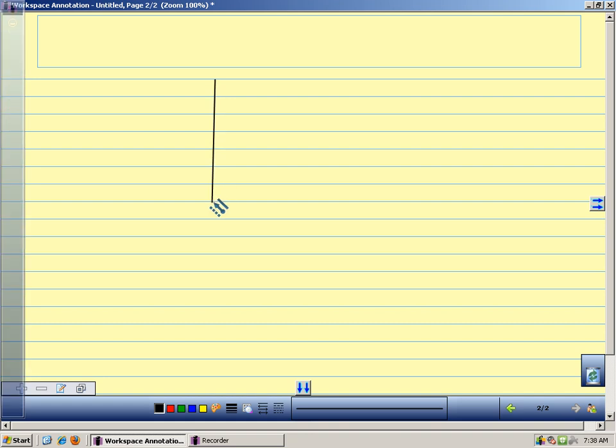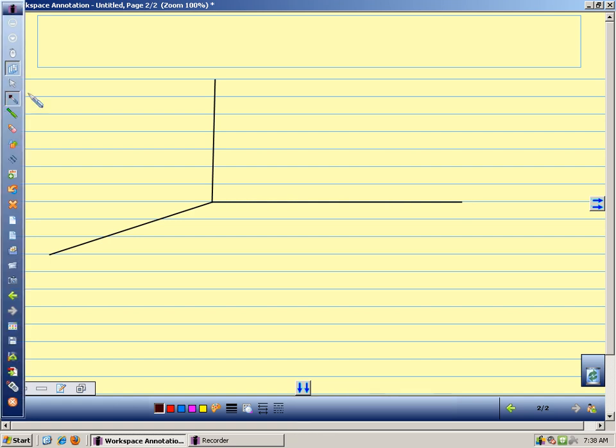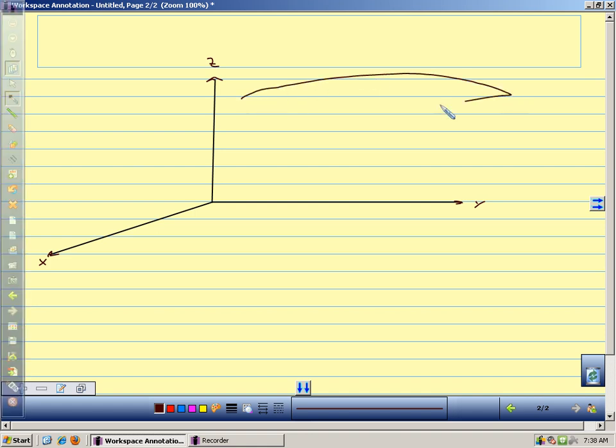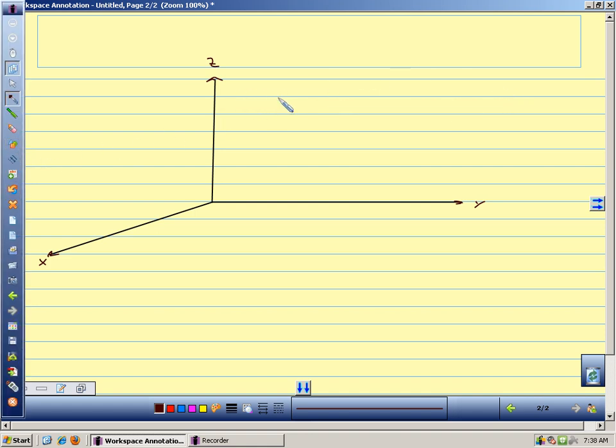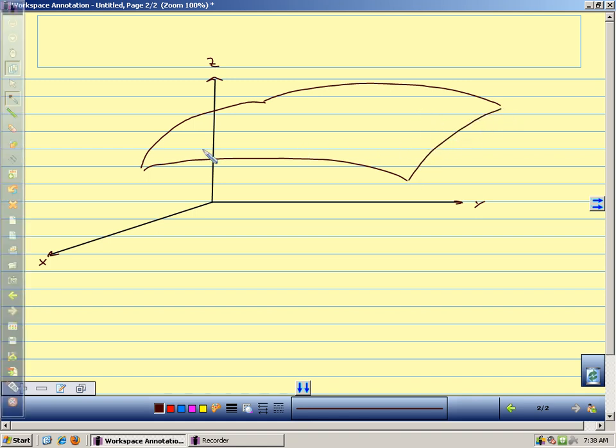So we have our axes, and we have a surface up here. Oops, here's our surface. Our surface is a parametric surface, so we have some r of u and v as our surface.